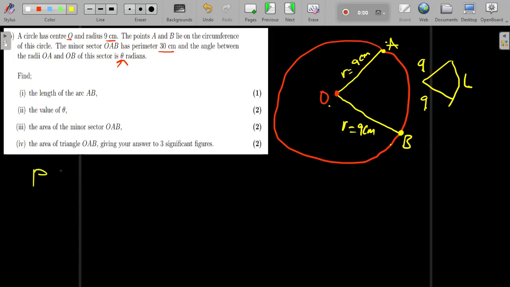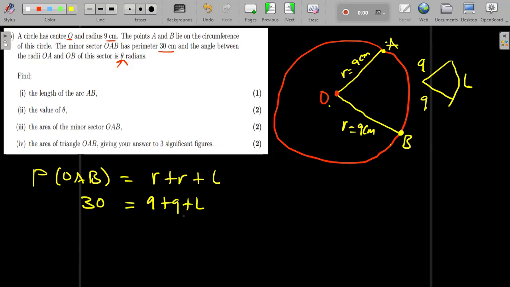So the perimeter of OAB is equal to the two radii plus the arc length. The perimeter we've been told is 30, the radius is 9, so 9 plus 9 and then plus the arc length.